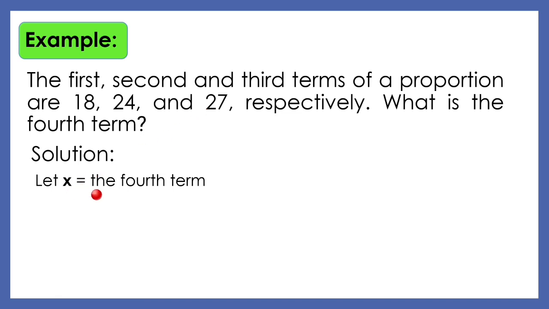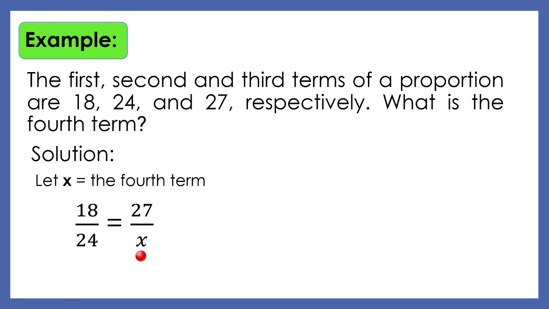In proportion, we will have 18 is to 24 equals 27 is to x. 18 is the first term, 24 is the second term, 27 is the third term, and x will be the fourth term. To solve the value of the fourth term, we apply the property that the product of the means equals the product of the extremes.